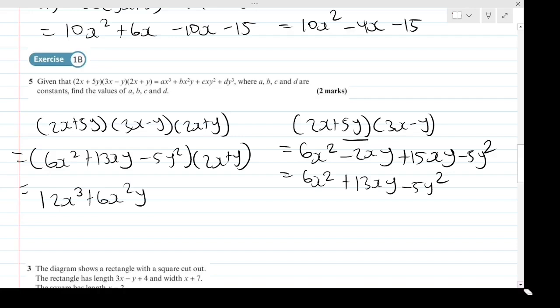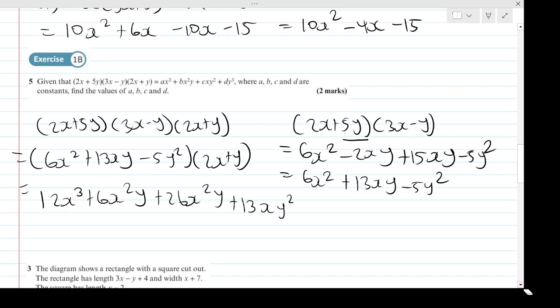And then with the other term then, so 13xy times 2x, well, that's going to be 26x squared y, because x times x is x squared, and then we have a y on the end. Okay, then we're going to times 13xy by y, that's going to be plus 13xy squared. Remember, we times y by y.